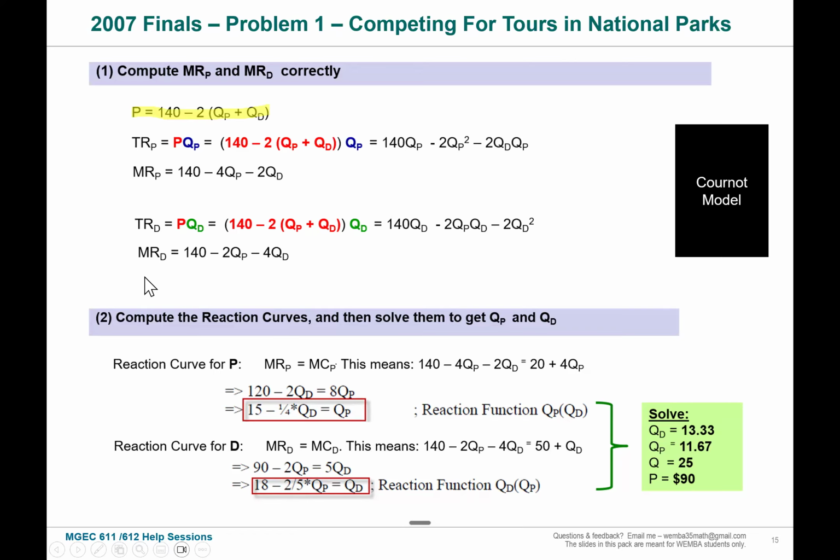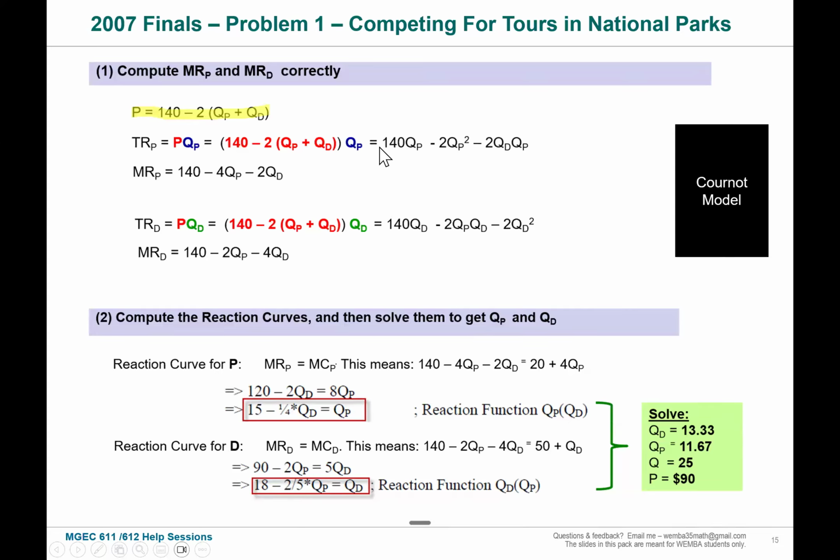So let's first get MR for the two firms. MR for the first firm is from TR1. TR1 is price times quantity, QP. Price is the demand equation, 140 minus 2 times (QP plus QD), times QP, because we're talking about firm P. Expand it and you get this equation.